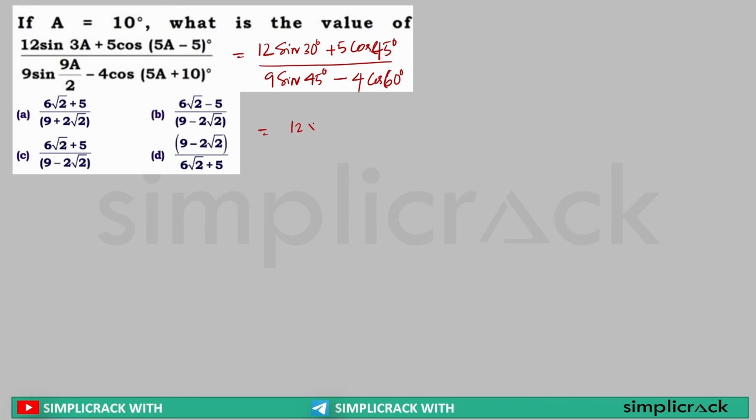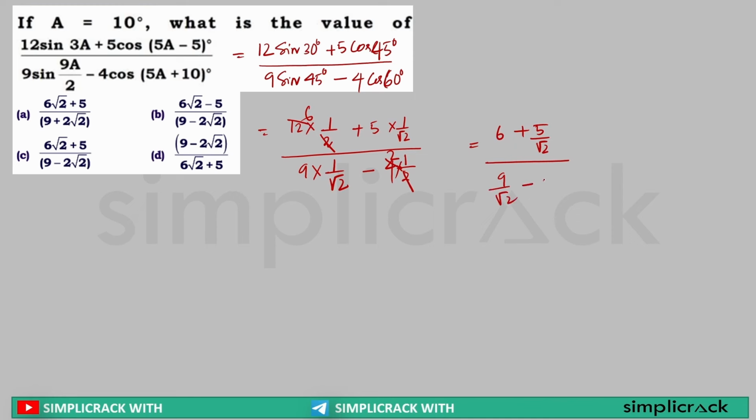Sir, 12 into sine 30 is equal to 1 by 2, plus 5 into cos 45 is equal to 1 by root 2, divided by, sir, 9 into sine 45 is equal to 1 by root 2, minus 4 into cos 60 is equal to 1 by root 2. Yes or no? Yes. Sir, 2 2s are 4, 2 6s are 12. Sir, this can be written as 6 plus 5 by root 2 divided by 9 by root 2 minus 2.